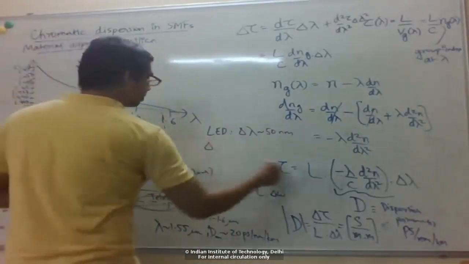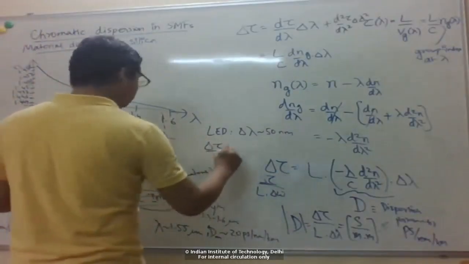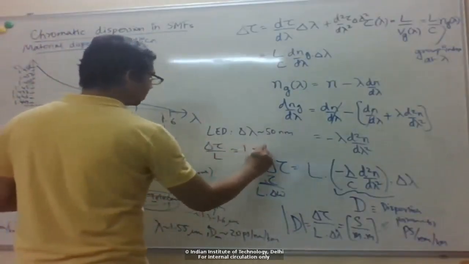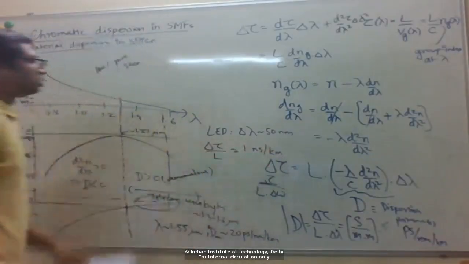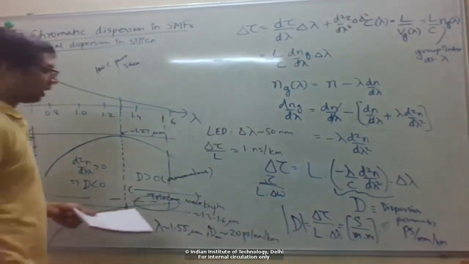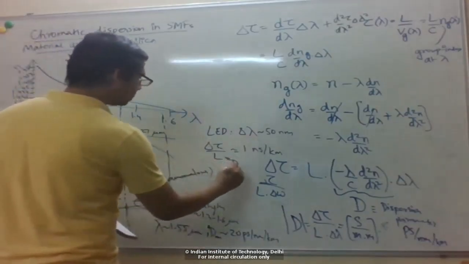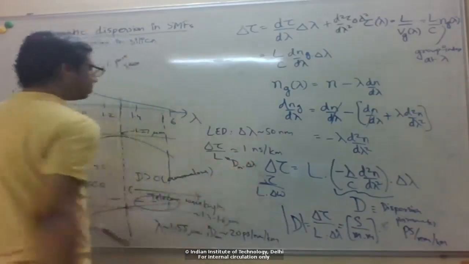You can compute that the broadening per unit length would come out to be about 1 nanosecond per kilometer. I just multiplied D by the spectral bandwidth, so this would be D times delta lambda.